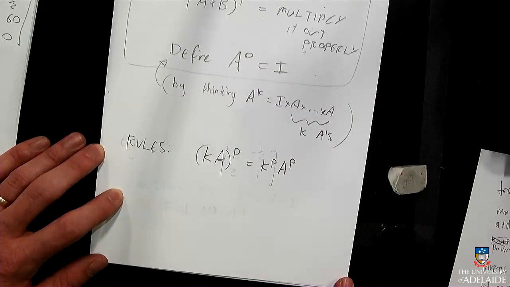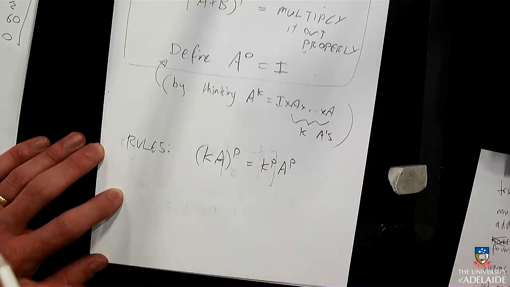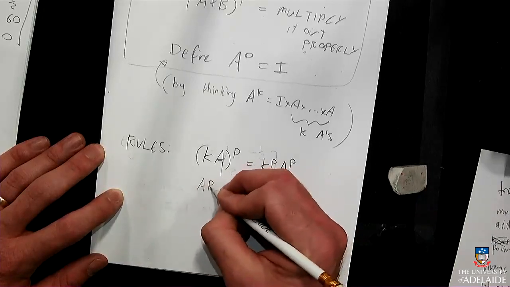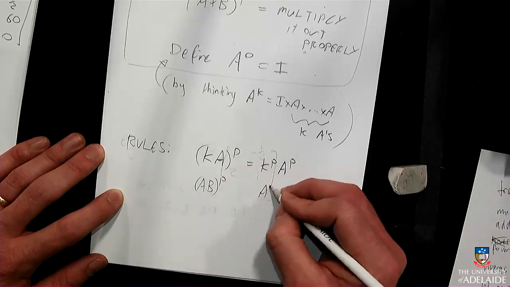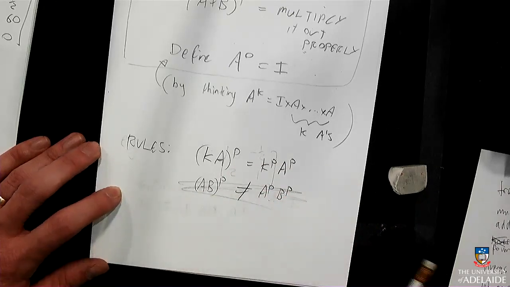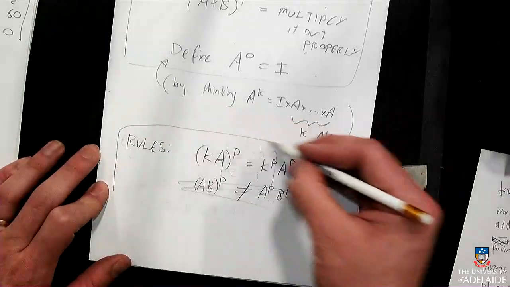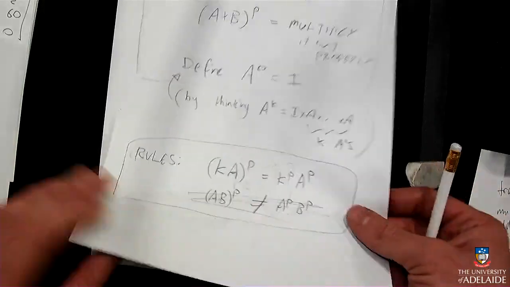That's okay, because I know that there's just ka, ka, ka, ka, and all the k's can come out. And I also just need to tell you that ab to the p, that these are not the same thing. And that's because it's AB, AB, AB, AB, and because I can't rearrange the order, I just can't get it back into that.